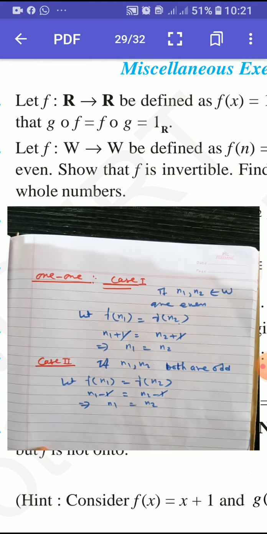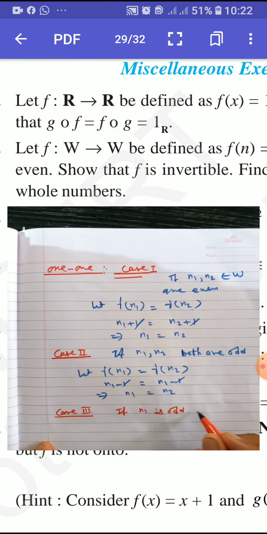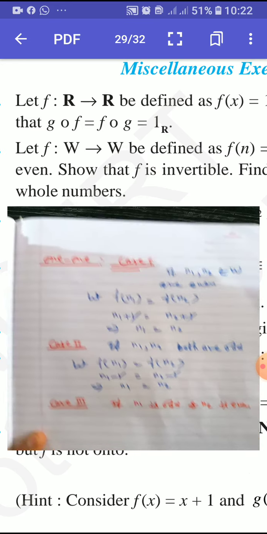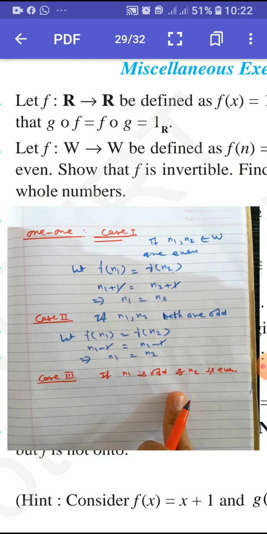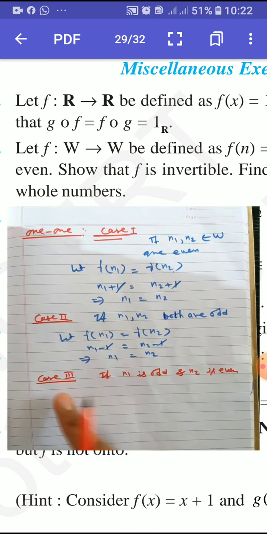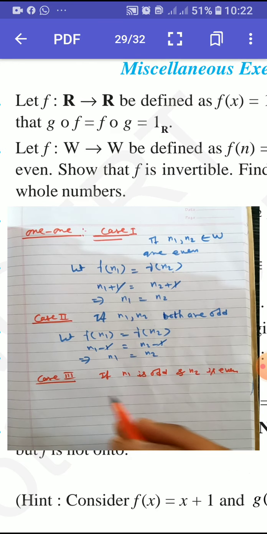Okay, case third. Case third and fourth may be combined in one case. Case third: if n1 is odd and n2 is even, and vice versa. In the fourth case, you can say n2 is odd and n1 is even, but we can make only one case for this.